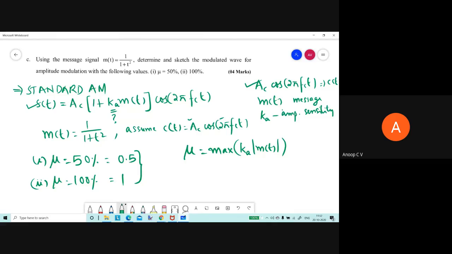I hope you remember this. This mu is given, but what we need is to find this Ka. So from this, can you find Ka? Maybe you all can give it a try. Just imagine I have not discussed this question, but for the exam such a question came. What would you have done?